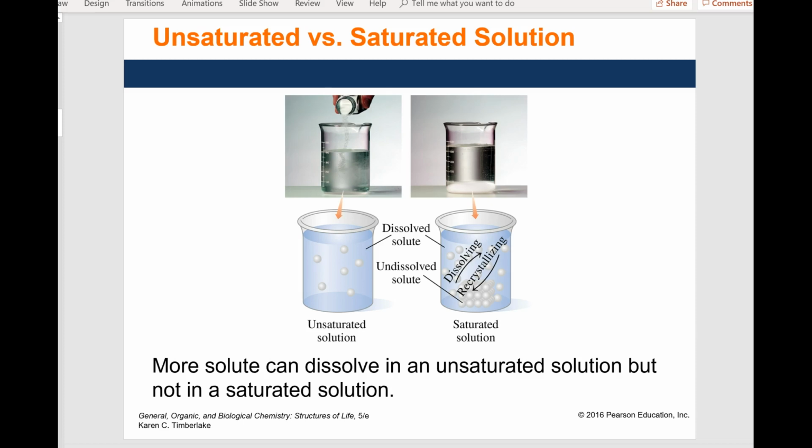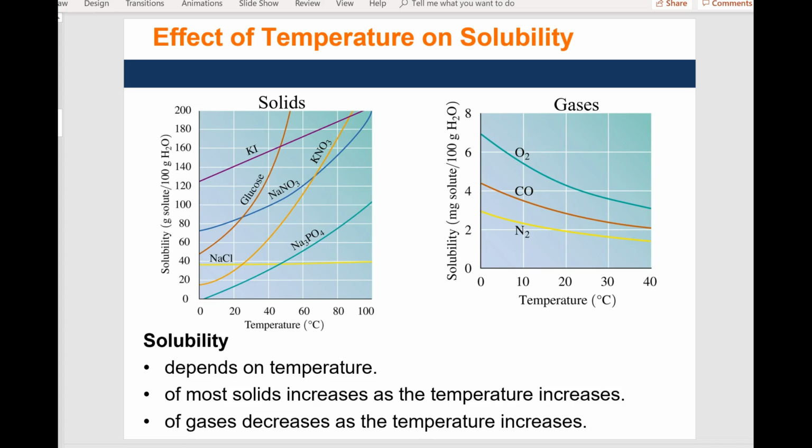But all of that is based on this idea that temperature will impact your solubility, and temperature impacts the solubility of your solutes differently. Even for your solids, adjusting the temperature will change the solubility of your solids differently. Some solids, changing the temperature will drastically increase their solubility, some of them a little bit.